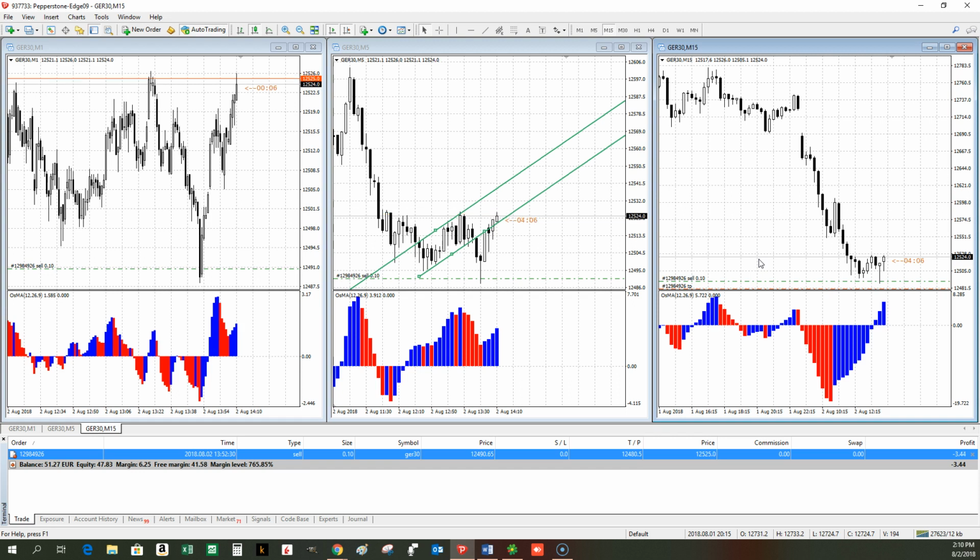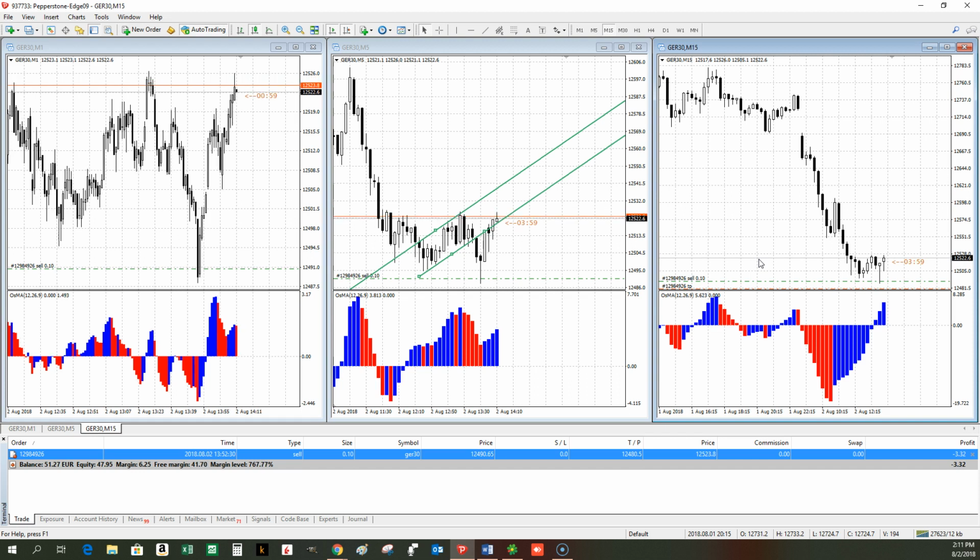So what we call an average down strategy is actually to place another trade in exactly the same direction, a sell position, and to wait for the next drop, the next correction.